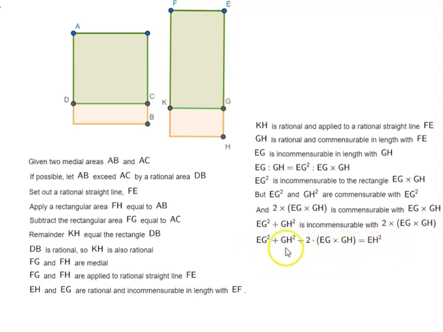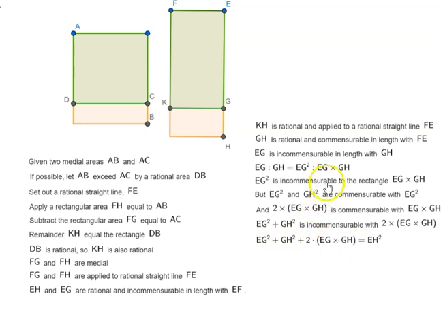EG square plus GH square plus 2 times EG by GH is equal to EH square. Now, how did we get this? EG square plus GH square plus 2 times EG by GH is equal to the square on EH. I'm sure if I say it in today's language, immediately you will catch it. What is that? A plus B the whole square is equal to A square plus B square plus 2AB.